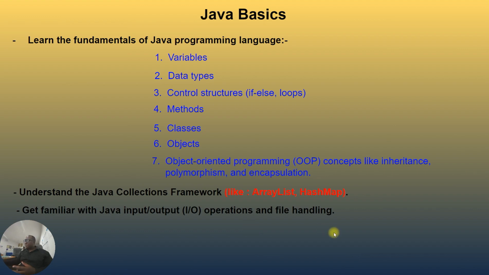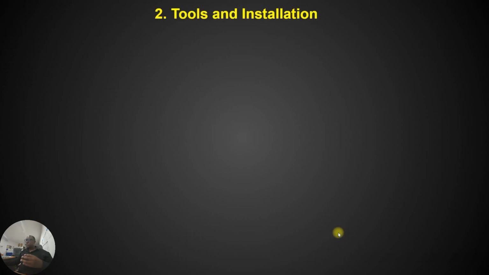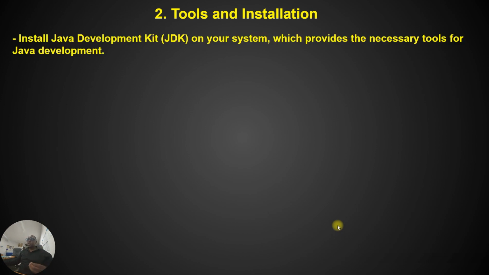Then after that, let's move on to tools and installation. What do you need to install on your system to work with Spring Boot? The first thing you need to install is the Java Development Kit, which we call the JDK, which provides the necessary tools for Java development. We have different versions of the JDK.